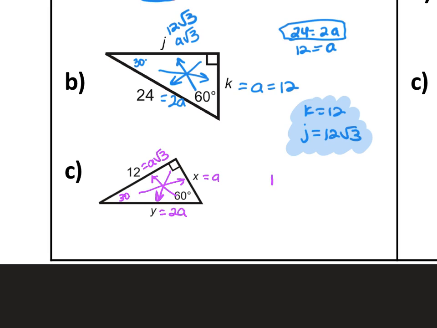A root 3. 12 equals A root 3. Now I got to divide both sides by root 3. And then you got to rationalize. And then you can simplify.